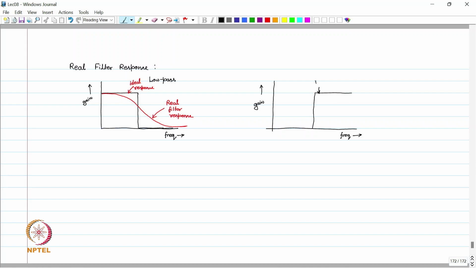This is ideal, and the actual response is like this. This is the high pass filter.